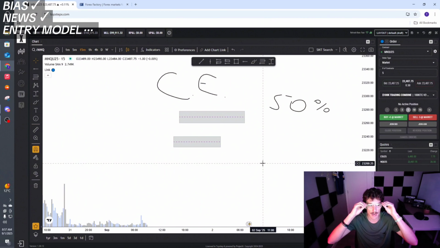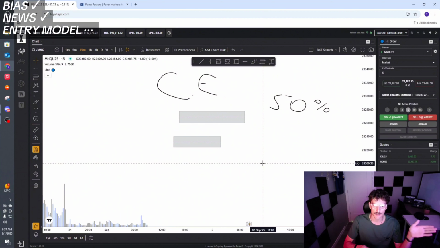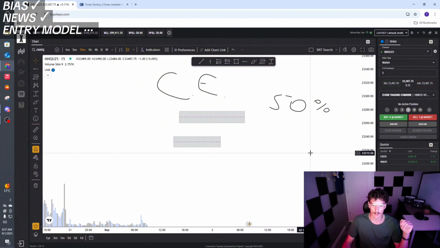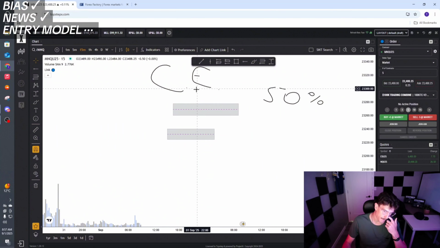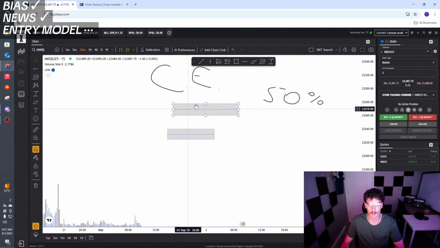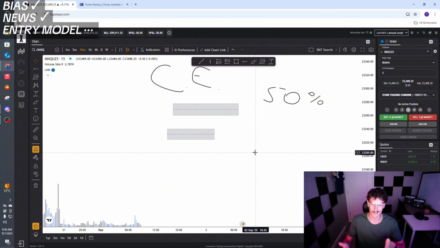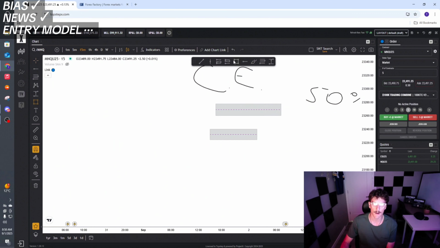And I think that's why I really like this entry model, because if price action is bad, it doesn't show up, right? If price is choppy and there's no room to make these imbalances or inverse imbalances, it doesn't show. And then I just don't take a trade. It's plain and simple. Say for example, we are in an uptrend.